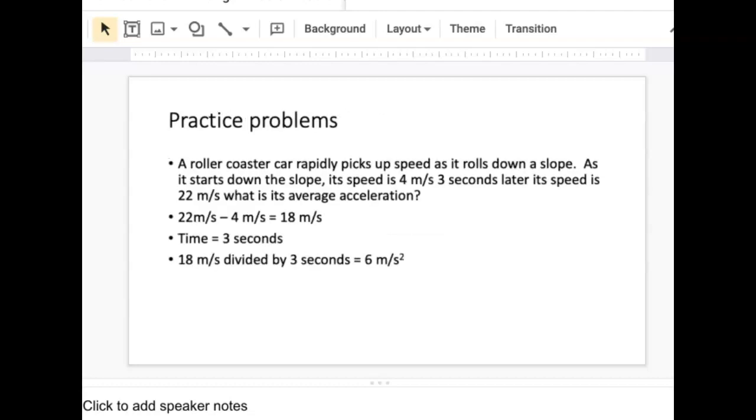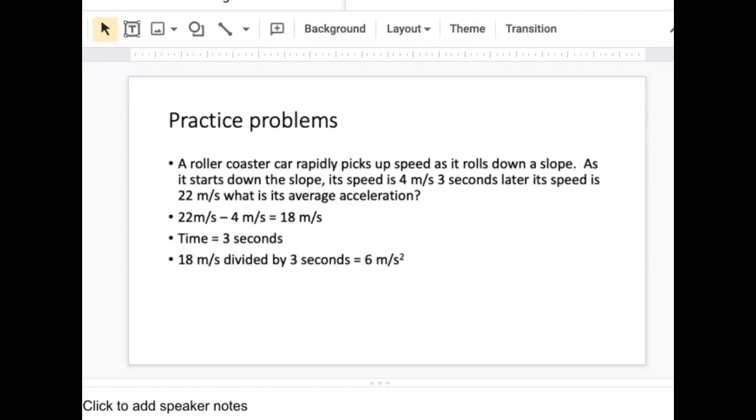So let's look at the first practice problem in this section. We have a roller coaster that's rapidly picking up speed as it rolls down a slope or hill. As it starts down the slope, its speed is 4 meters per second. 3 seconds later, its speed is 22 meters per second. What is its average acceleration?